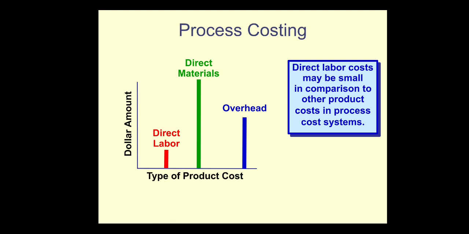When you want to calculate cost per unit of a product using a process costing system, you have to know that cost per unit of a product equals direct material cost plus direct labor cost plus overhead cost.